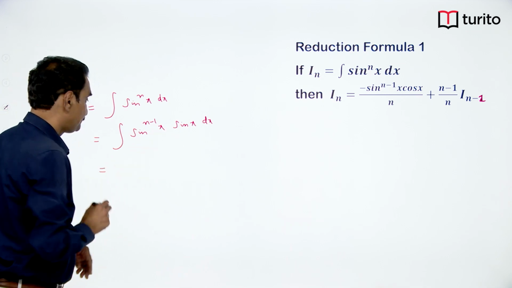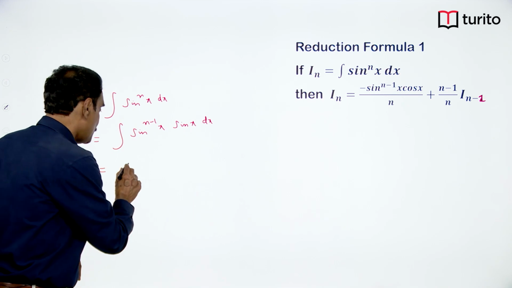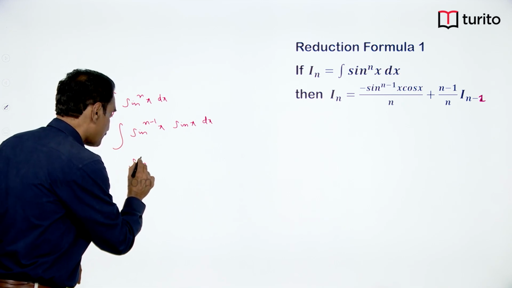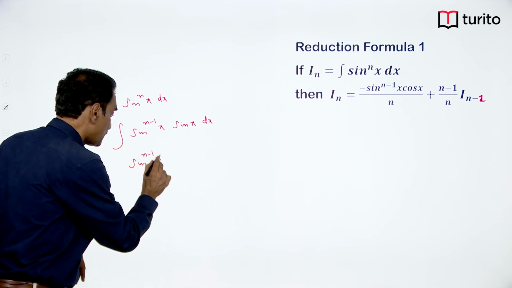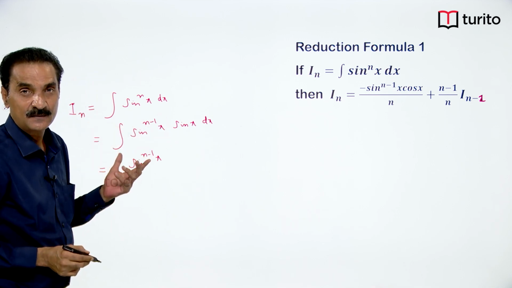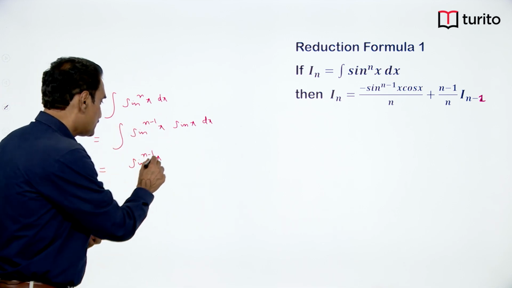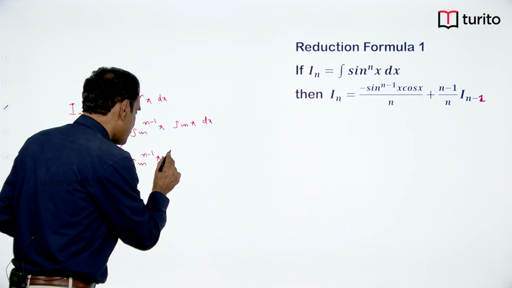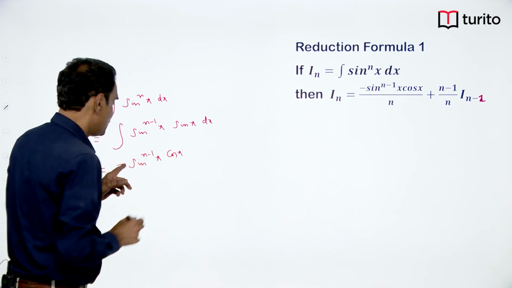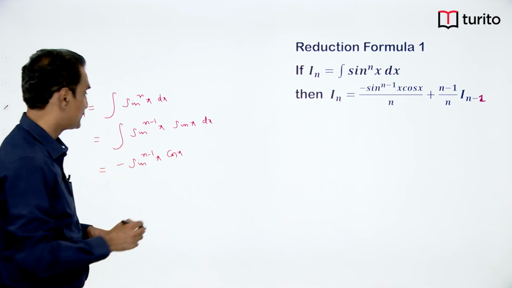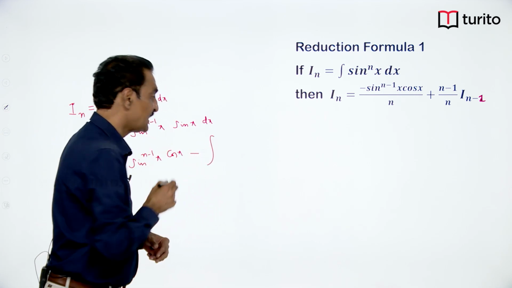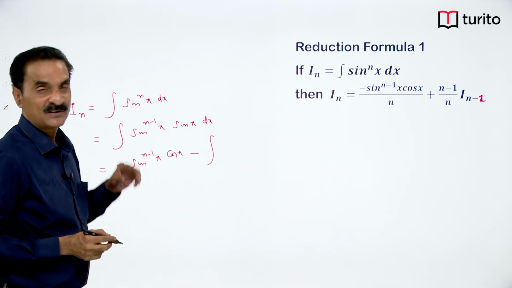We get first function into the integral of the second. What is the integral of sin x? Minus cos x. So, if you multiply by minus cos x, you will get minus of sin power n minus 1 x into cos x minus the integral of the derivative of the first function.